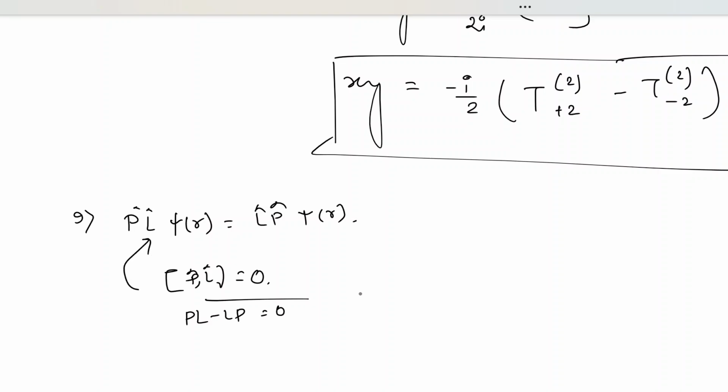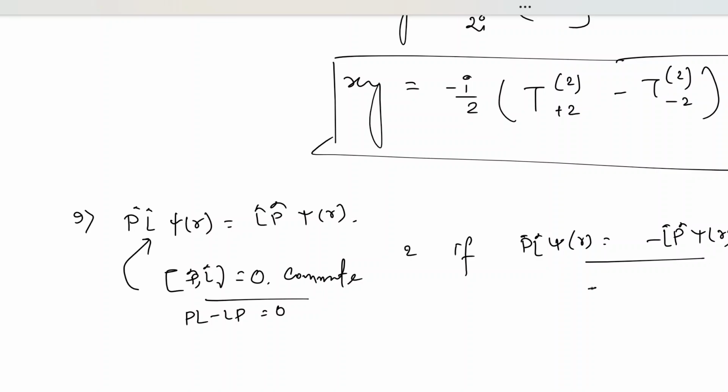If that is not the case, then they anti-commute.